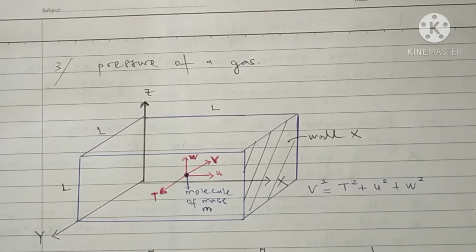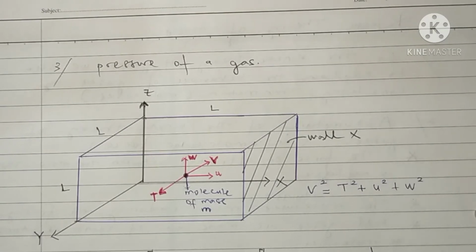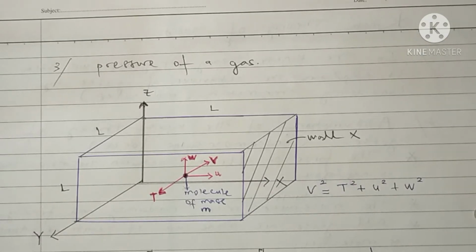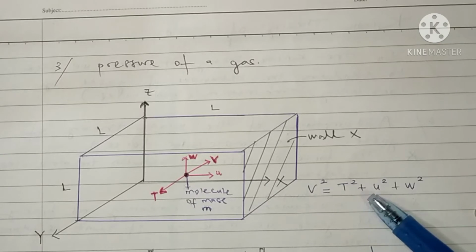Figure shows an ideal gas in a cubic container of length L. The velocity of a gas molecule of mass m is v. The components of the velocity v along the x, y, and z directions are t, u, and w respectively. So v squared equals t squared plus u squared plus w squared.